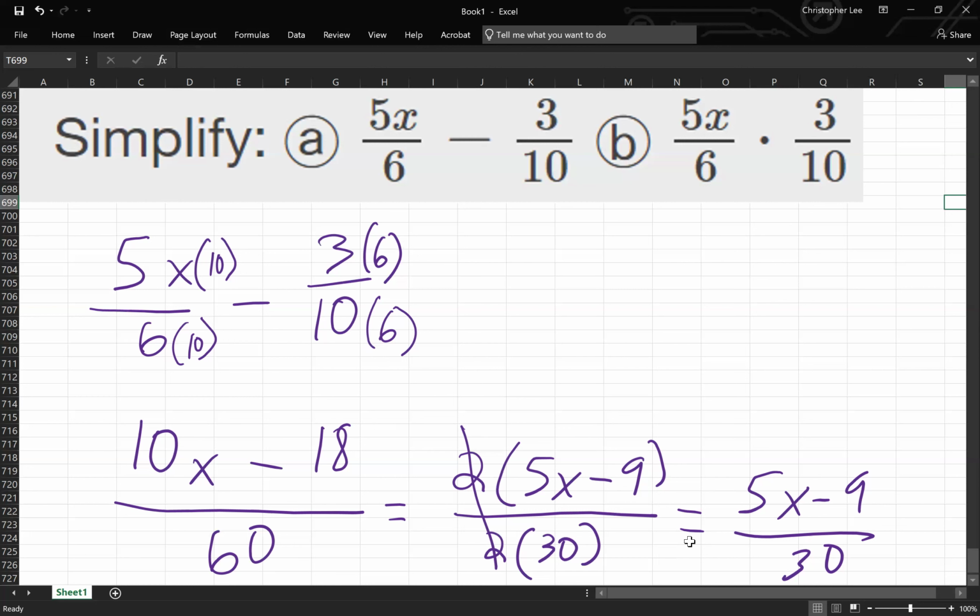Yeah, 9, right. Yeah, but you get 25x minus 9. Mm-hmm. I see what you mean.